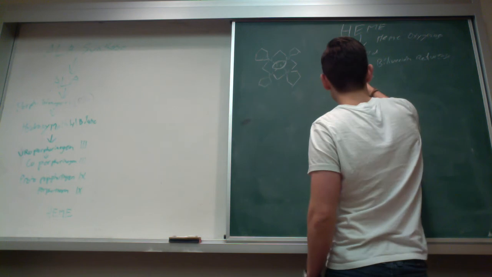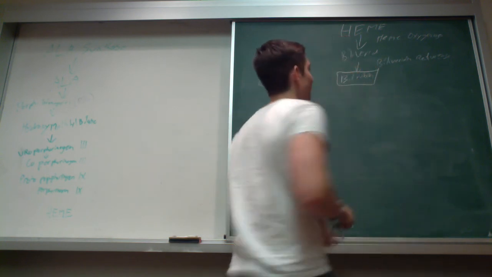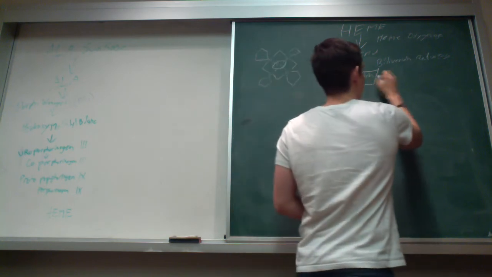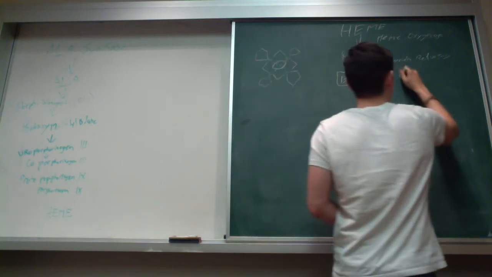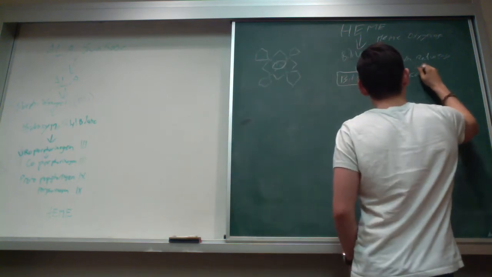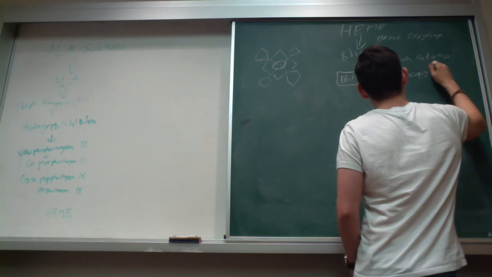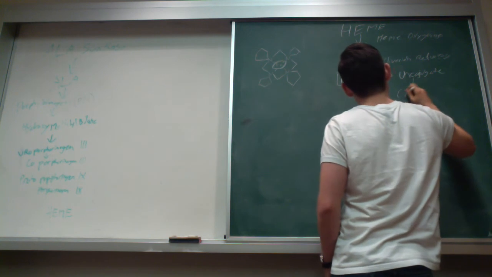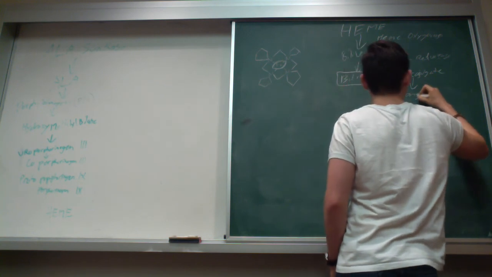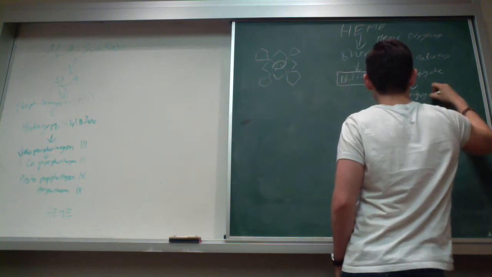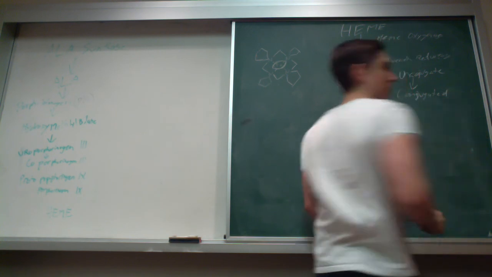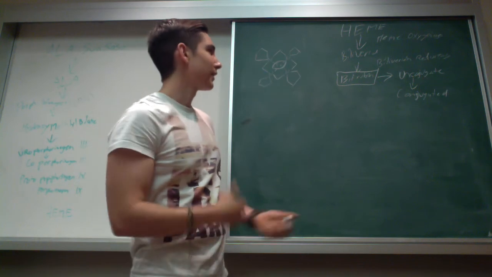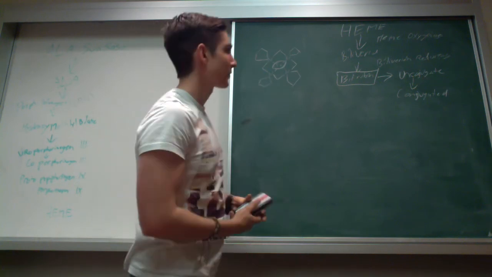And so this happens in the liver, and then bilirubin can then, so this is actually unconjugated, and so to be excreted by the bile duct, it has to become conjugated, and then once it's conjugated, it's excreted into the small intestine through the bile duct, and then it can leave through stool.